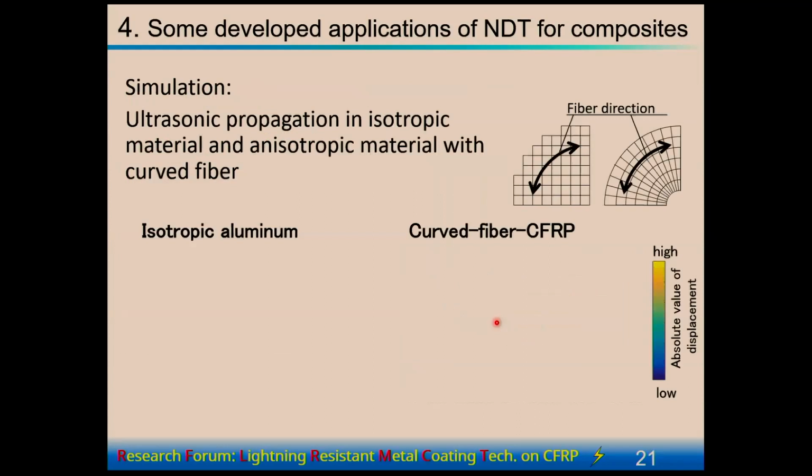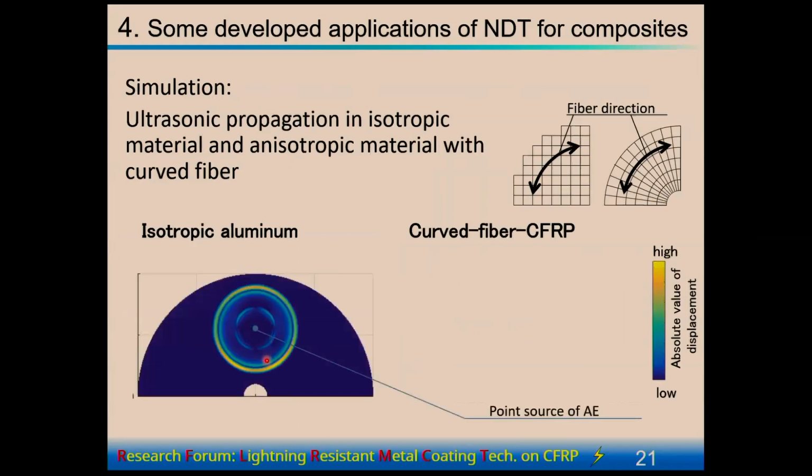So firstly, we did ultrasonic propagation simulations. And as you know, this is a simulation result for an isotropic material, aluminum alloy. When ultrasonic is generated, it propagates like this.